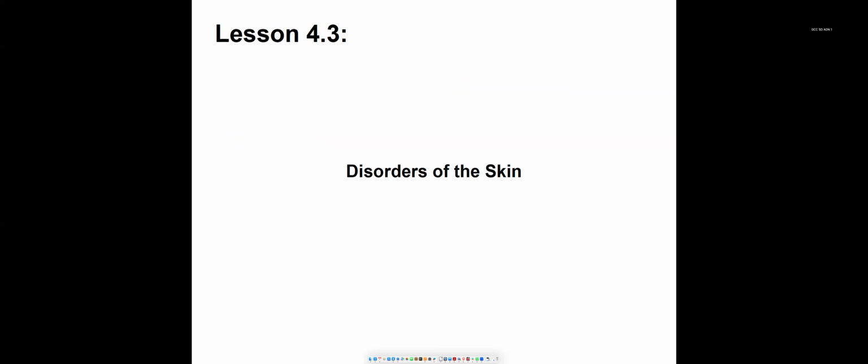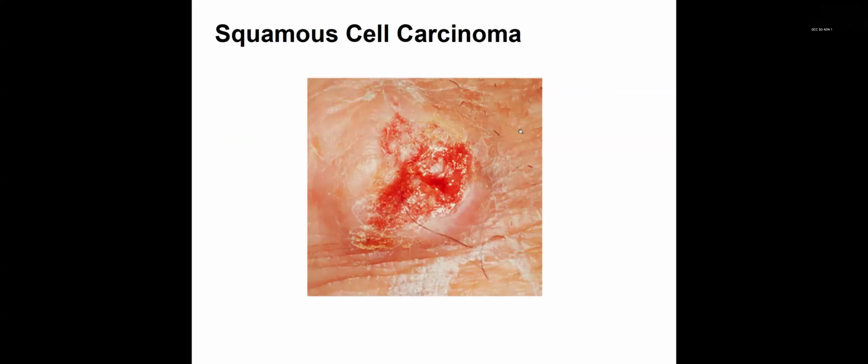Disorders of the skin. So now we're going to look at some pathology of the skin here. You have squamous cell carcinoma. This originates in the stratum spinosum layer of the epidermis, where keratinocytes are actively providing structural support. When you look at the appearance, squamous cell carcinoma typically appears as a flattened, right?